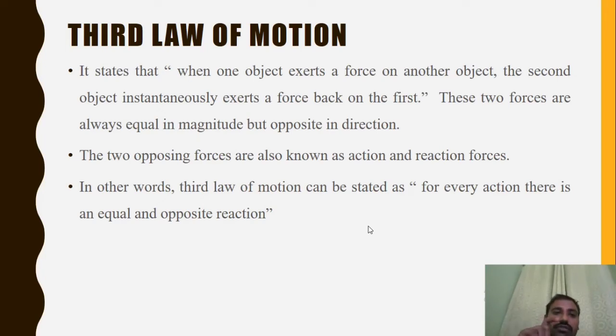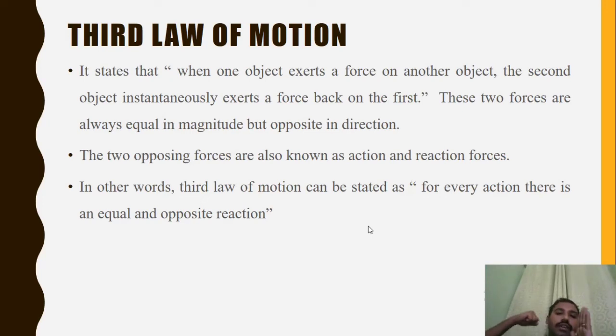The clear definition of the third law of motion is that when one object exerts a force on another object, the second object instantaneously exerts a force back on the first.